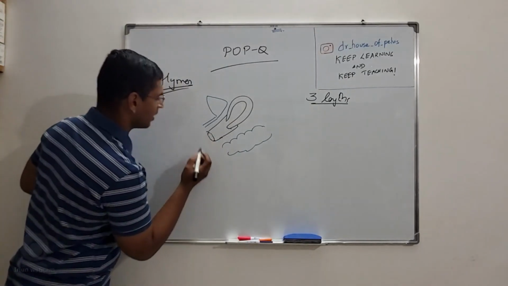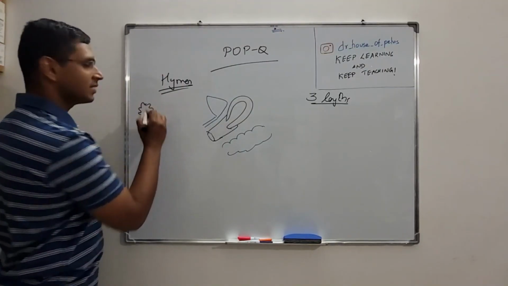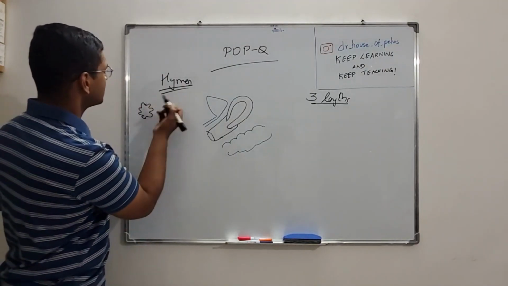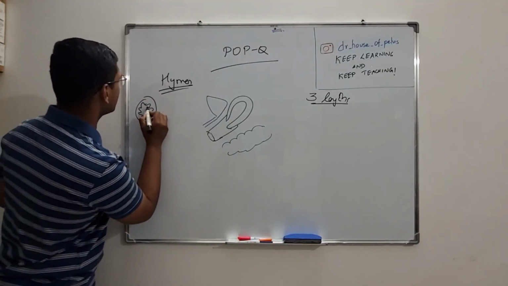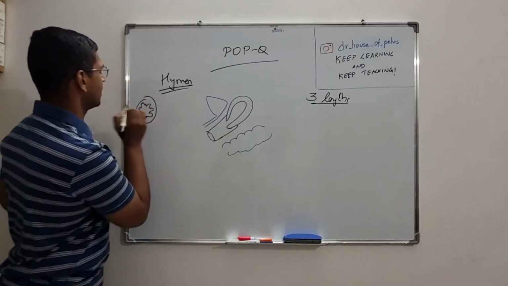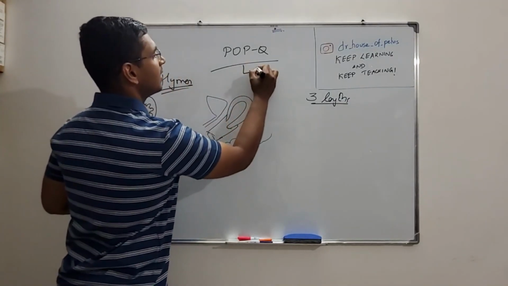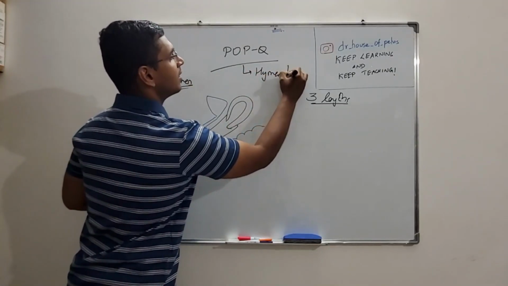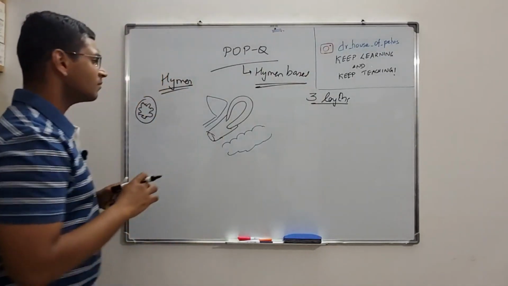And this hymenal ring, if you see from an anterior perspective, will be slightly corrugated like this, and we know there are multiple shapes of hymen. This is a normal shape in a vagina. This will be the look of the hymen, and this will look like mucosal tags, something like that. And this is the reference system for POPQ. That is, hymen based.